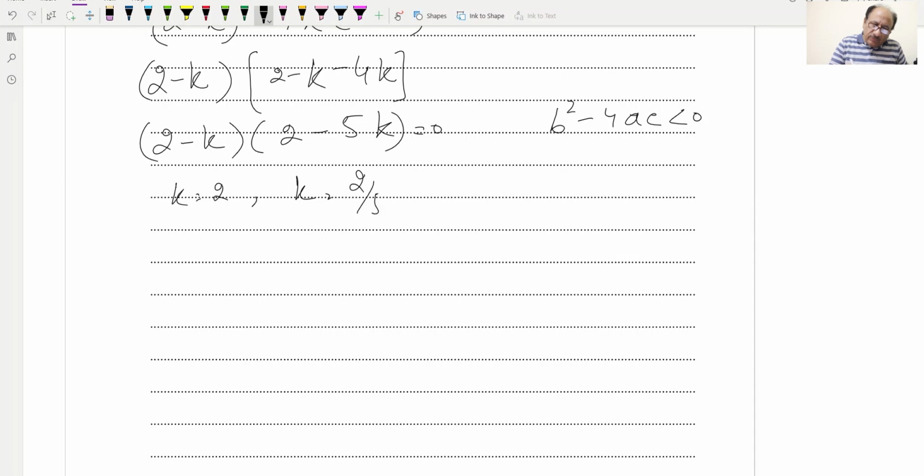So 2 by 5. Now we can sketch the curve quickly to check the range of the k values, and our curve will be like this, and this point will be 2, and 2 by 5 will be this one. So in between, our targeted part is what?